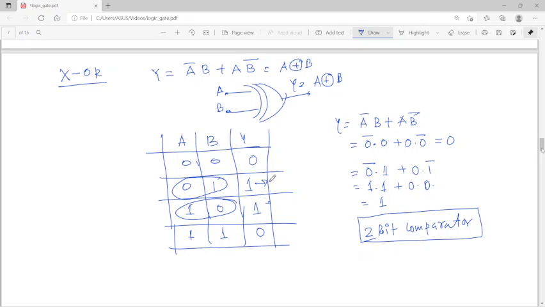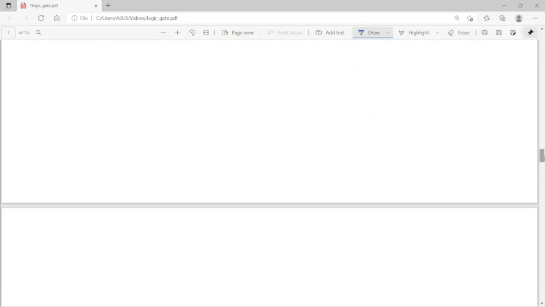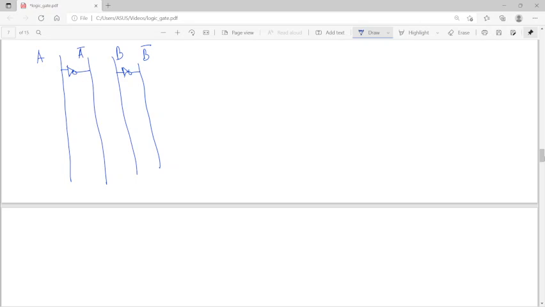So how can you implement it? Because this is A bar B plus A B bar, right? A bar B plus A B bar. So if this is the A line, I am putting a NOT gate. So this is A bar. If this is the B line, I am putting a NOT gate. This is B bar. So A bar B, I am putting this A bar, this is nothing but B, and this is an AND gate.